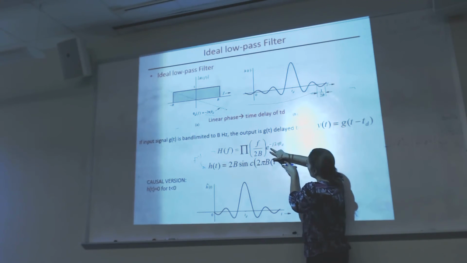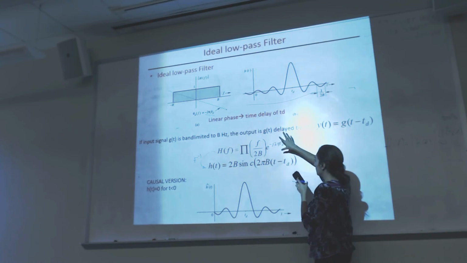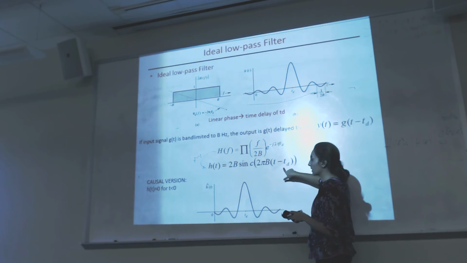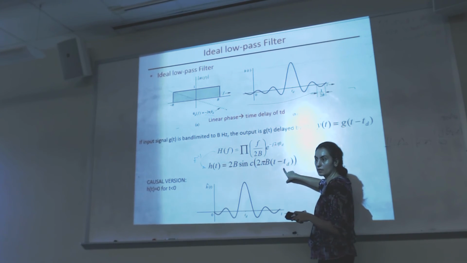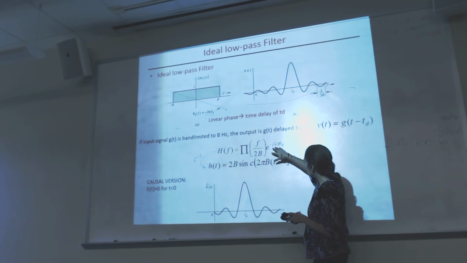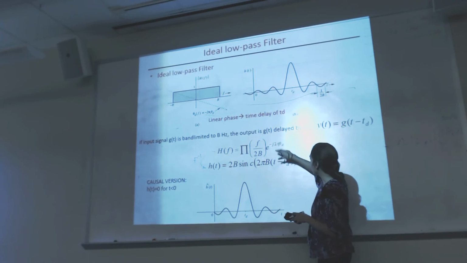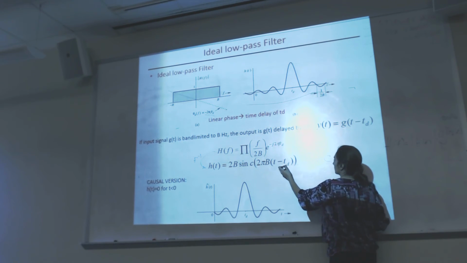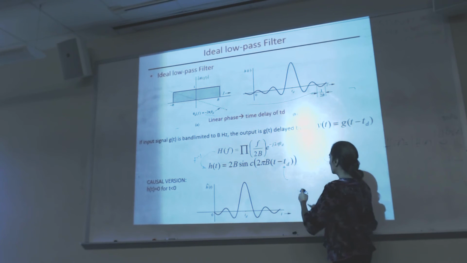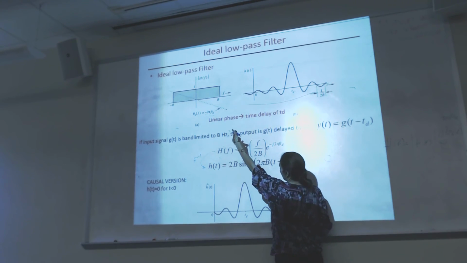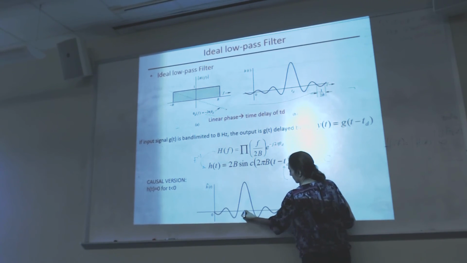But now it's multiplied by some exponential term. Multiplication by some exponential term in one domain is just a delay in the other domain, right? The frequency is multiplied by that, so it's a delay in time. So therefore, h of t for that is a sinc, however it's shifted.